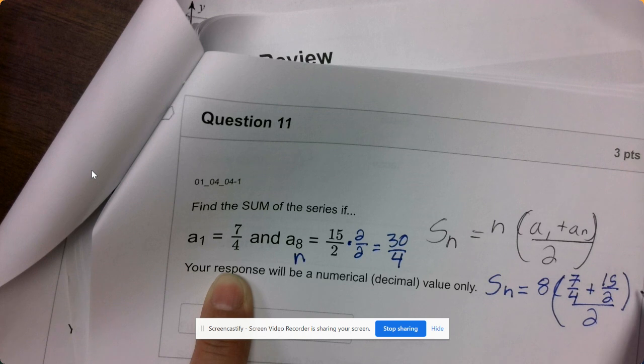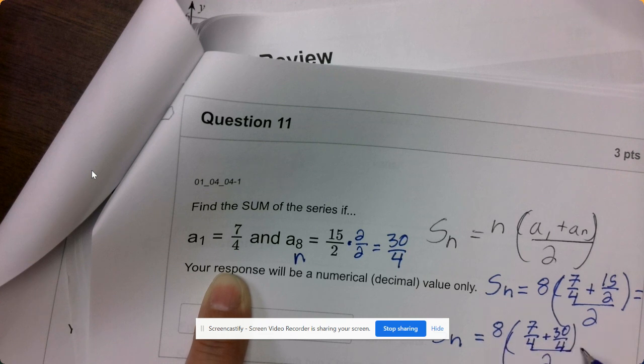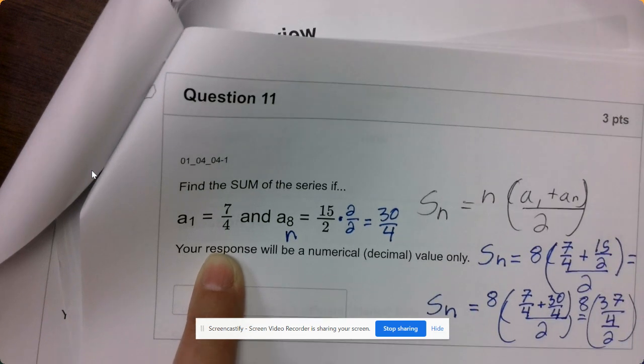So I'm going to put that in. So 7/4 plus 30/4 over 2, everybody. We add those together. Get 37/4 over 2 times 8. We're going to plug that in the calculator, everybody.